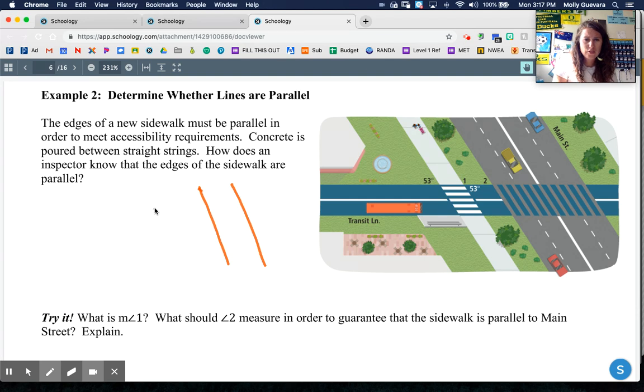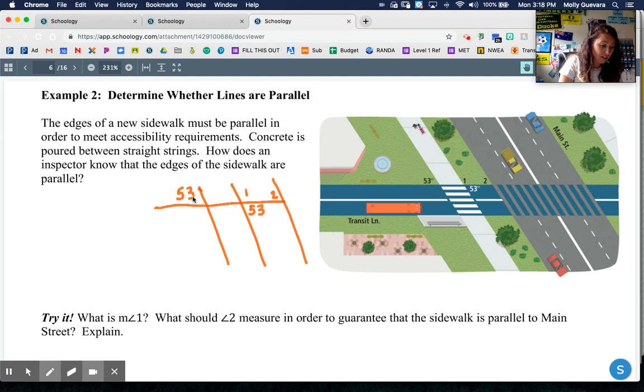And then I have a street coming through, more or less, and this is labeled as 53. This is labeled as 1, and then here's another street. This is labeled as 2. Oh, and this is also labeled as 53. Okay, so how do we know that the edges of the sidewalk are parallel?